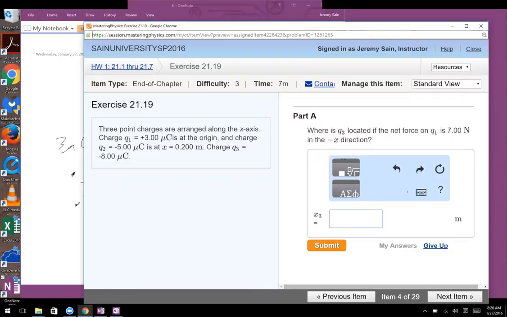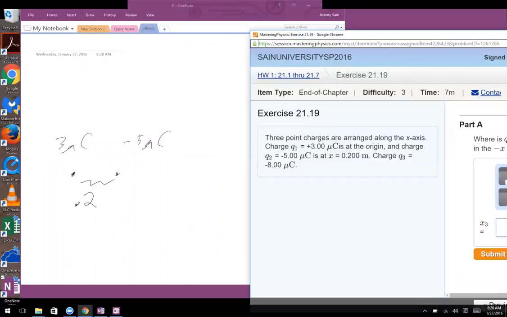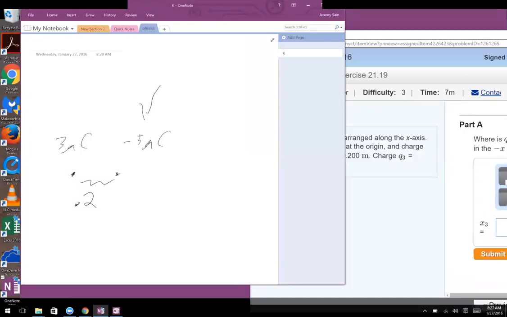So before we get started, let's get a feel for where Q3 is going to be. If I look at Q1 and Q2, which way is Q2 going to be pulling Q1? Left or right?